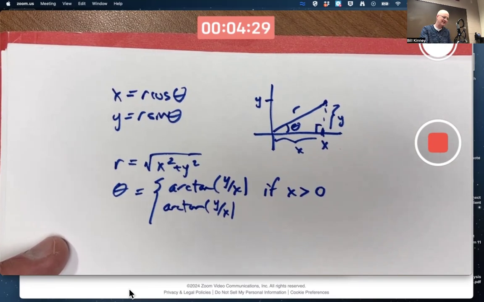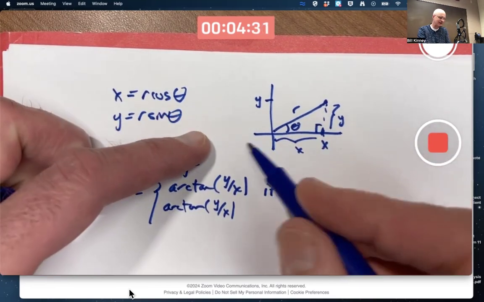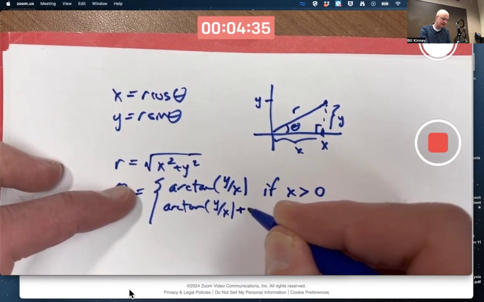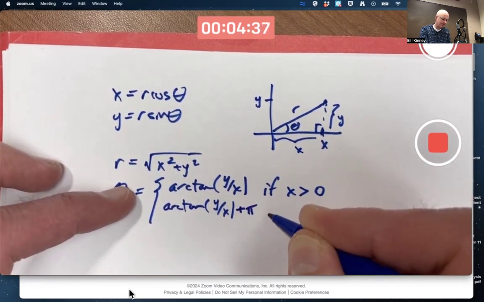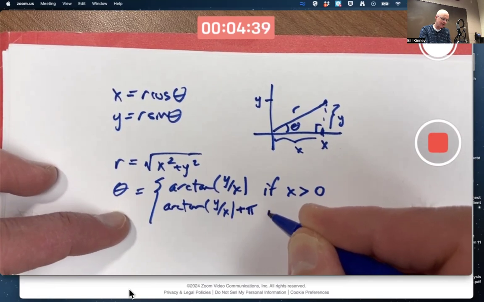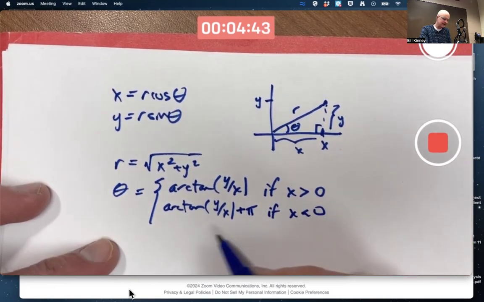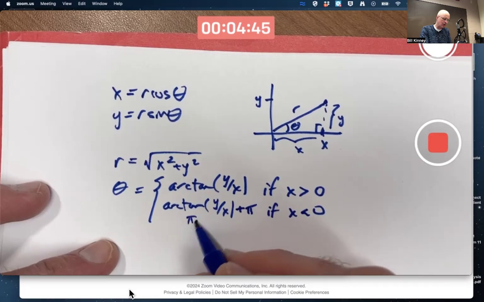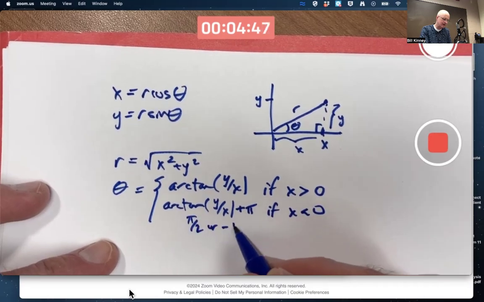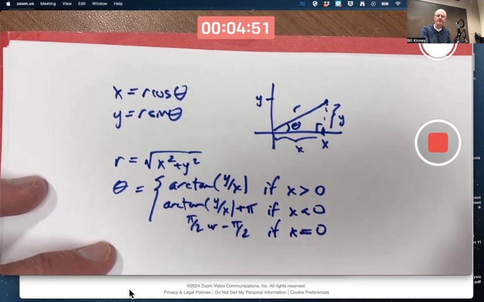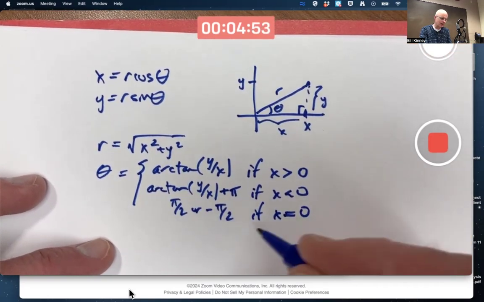If your angle is actually over here, then you can just do plus pi in both cases. You could also do minus pi. Plus pi if x is negative. And if x is 0, it's either pi over 2 or negative pi over 2. If x is 0, it depends on whether y is positive.